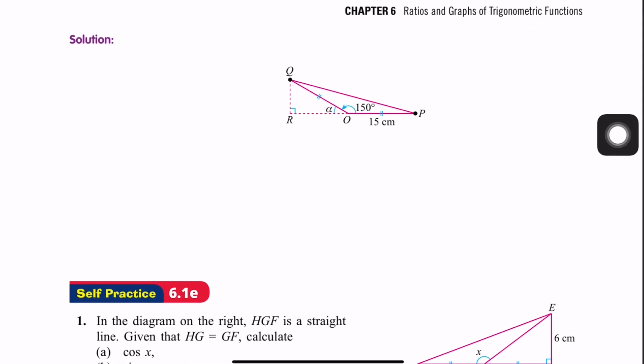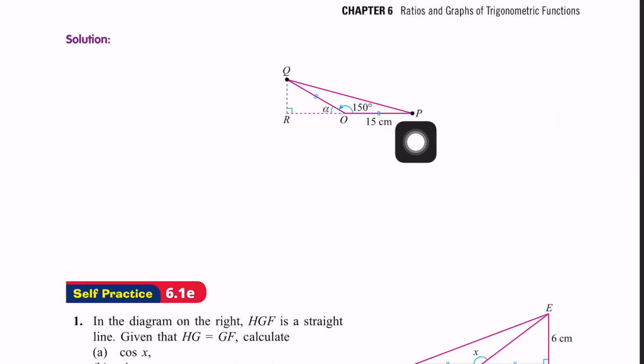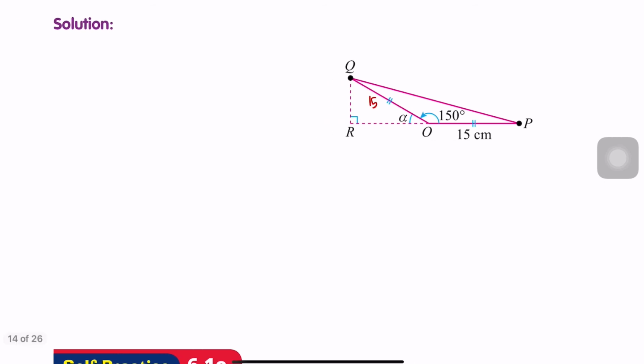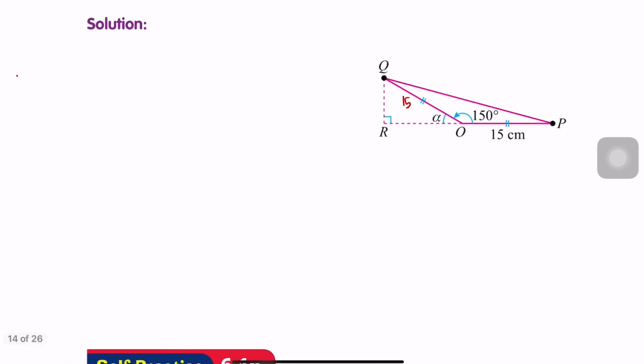So macam mana kita nak cari? Okay, so kita tahu OP is 15, so the length of the arm is the same. So 15 also over here. Okay. Now we need to find the corresponding angle. Okay. So corresponding.